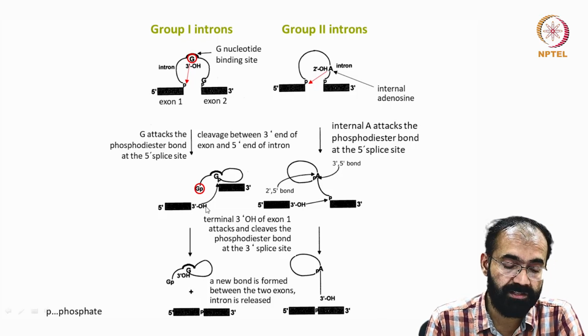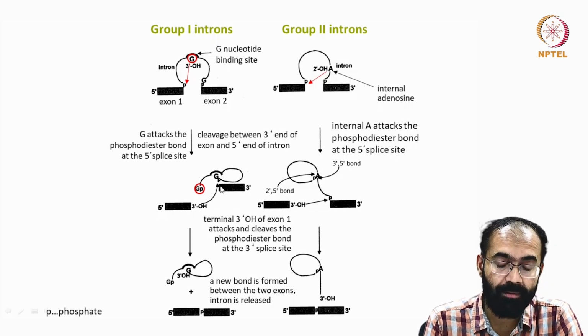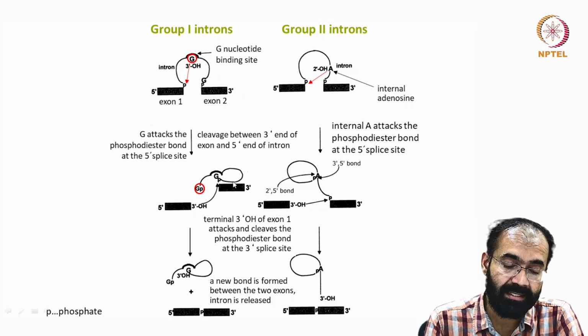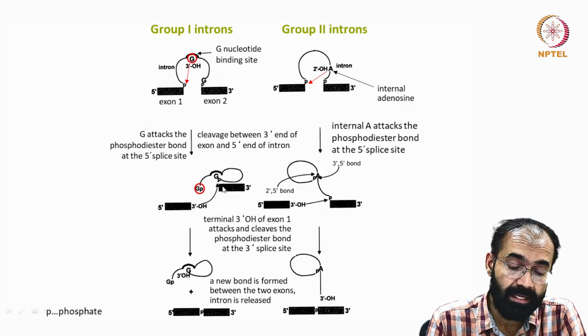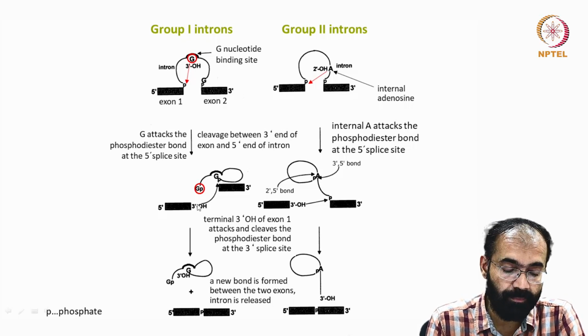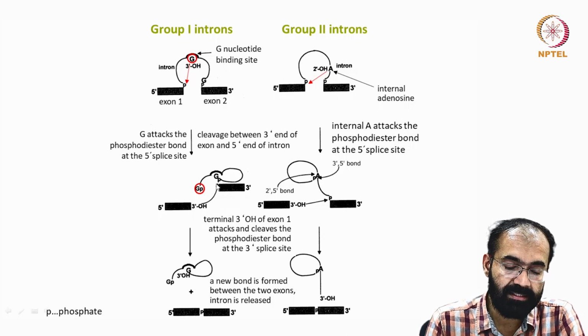This 3' OH does a second nucleophilic attack onto the 3' end of the intron and the 5' end of exon 2. So the second nucleophilic attack happens from exon 1 onto the 5' end of the second exon, and as a result this intron will be released from that 3' end also.